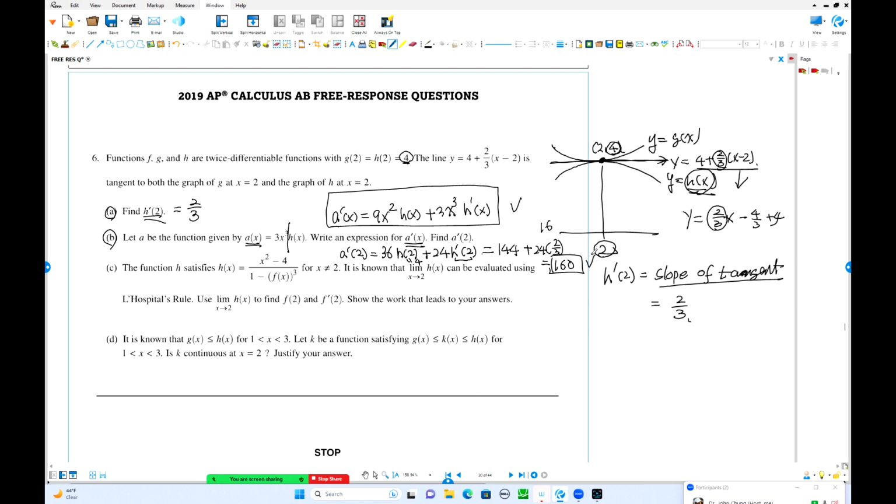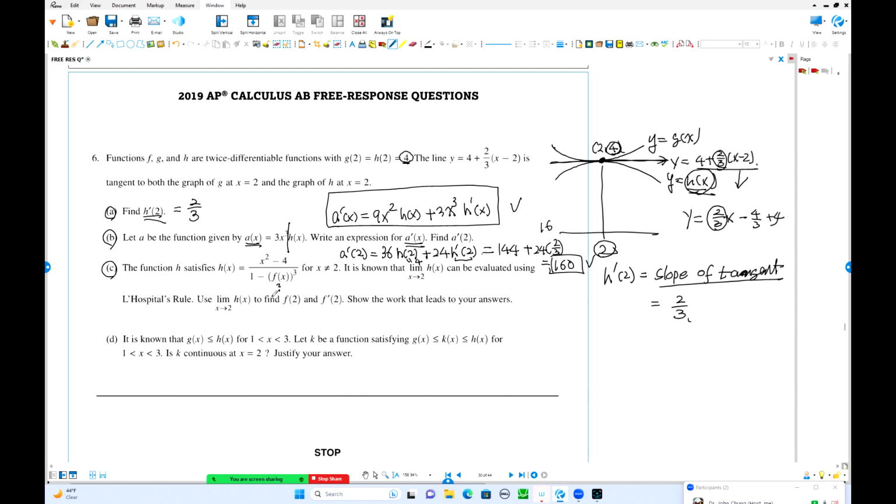All right, try part C. The function h is satisfied this way, with a relation to f of x. But f of x we still don't know; we just guess some f of x there. So h of x is related this way.